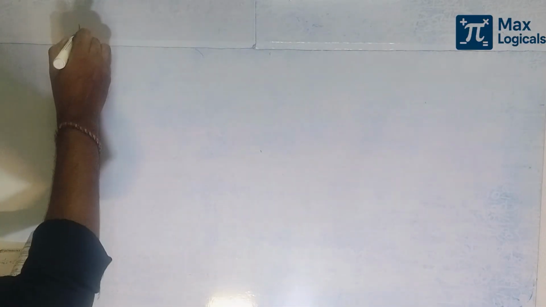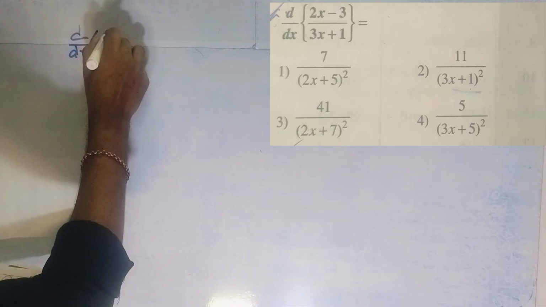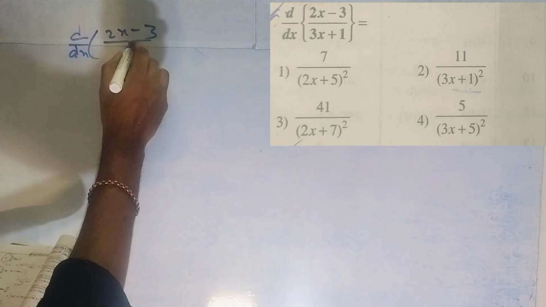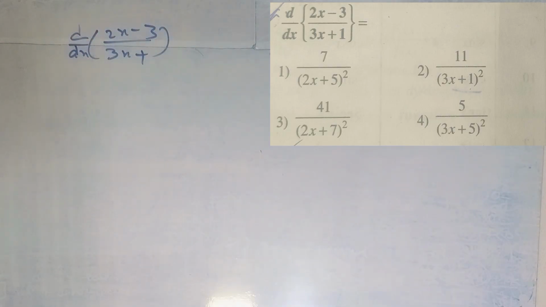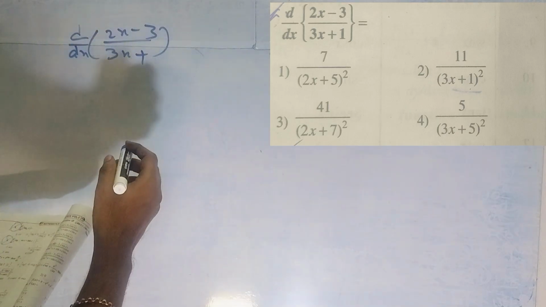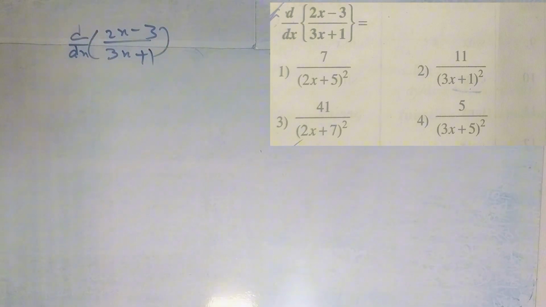The next question is d by dx of 2x minus 3 by 3x plus 1. This is the given function. Now we find the differentiation of this function. My function is 2x minus 3 by 3x plus 1. Which formula do we use?